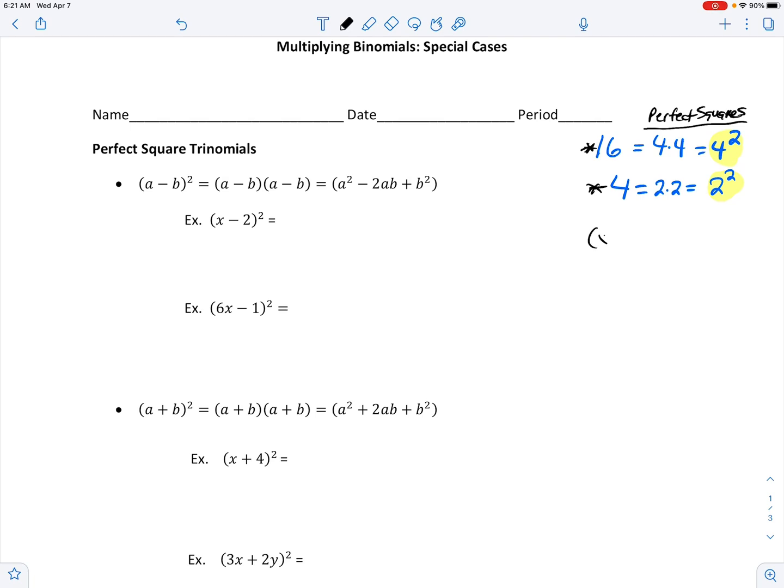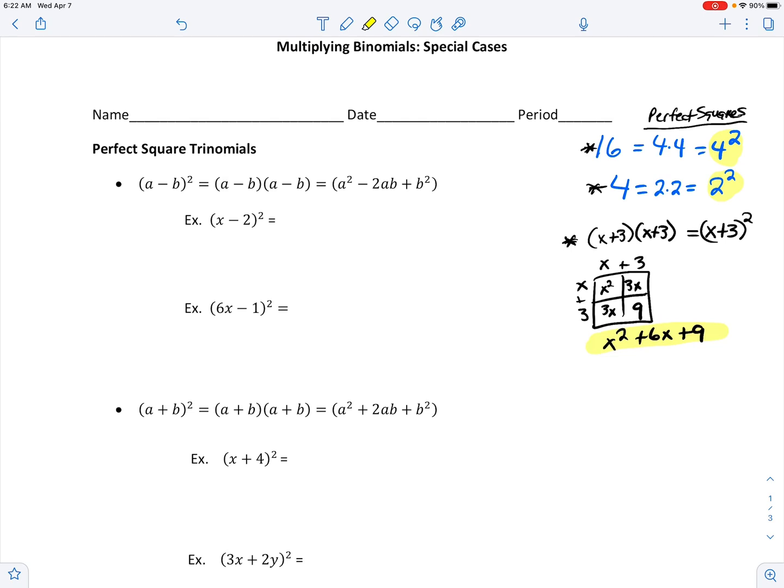So let's say we have x plus 3 times x plus 3. Then we can write this as x plus 3 quantity squared. That's a perfect square. Why do we call it a perfect square trinomial? Because if we were to multiply this out by most people's favorite method, box, then we get x squared plus 6x plus 9.